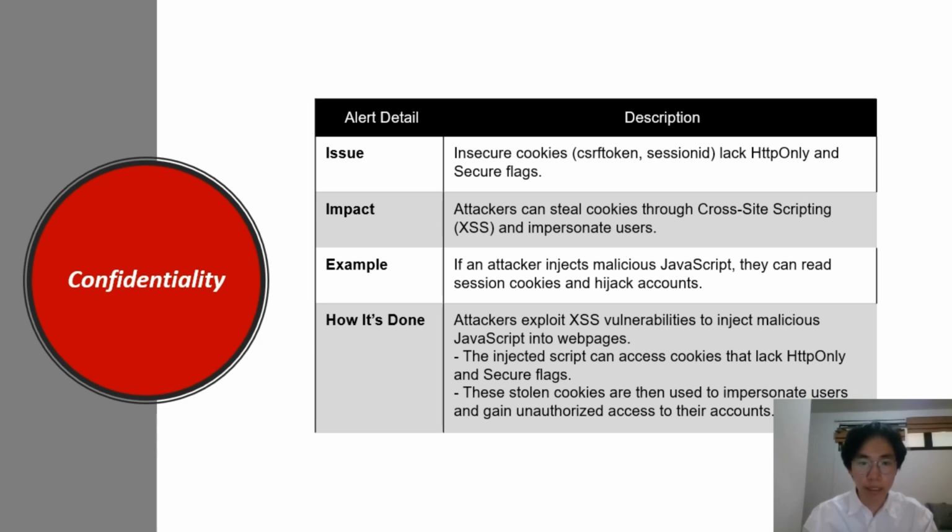An attacker can inject bad JavaScript to read these cookies and then hijack user accounts and gain unauthorized access. To stop this kind of attack, we should make sure all the sensitive cookies have HttpOnly set to stop JavaScript from accessing them, and use the Secure flag to make sure cookies are only sent over HTTPS.